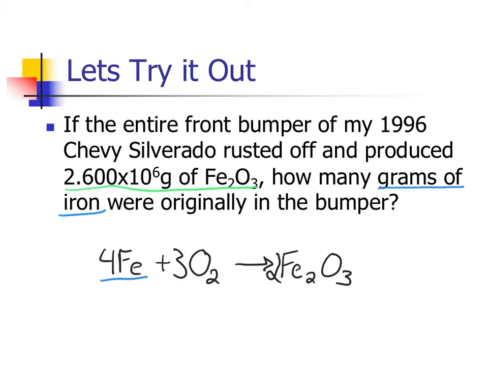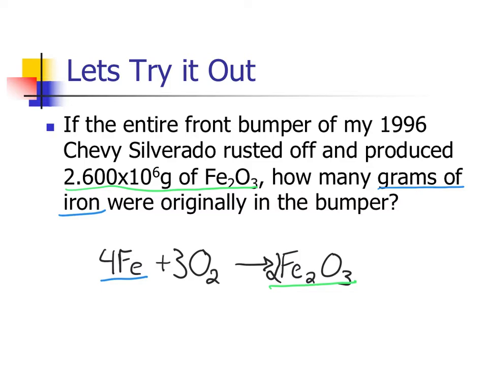So when it comes to looking at the chemical reaction, I do not need to know the molar mass of oxygen. Easy to find, but not necessary. I'm only going to find the parts that are underlined.